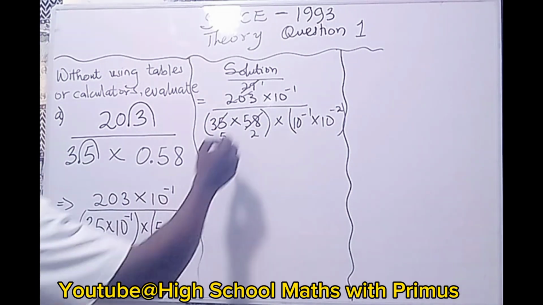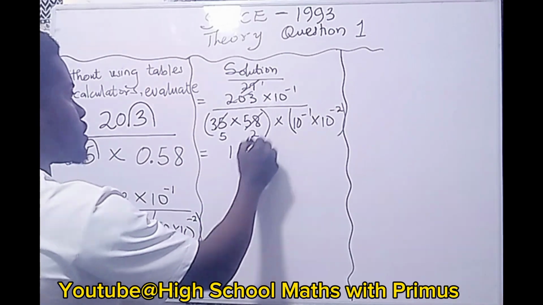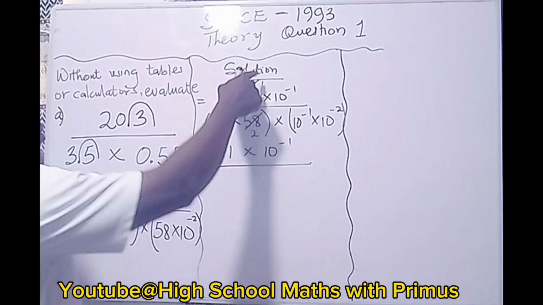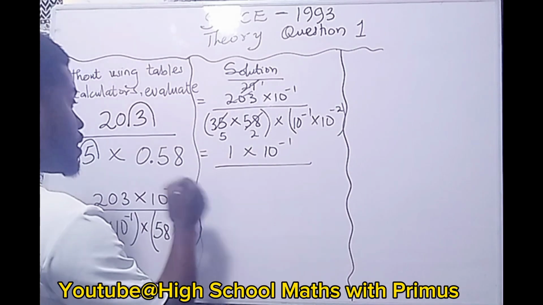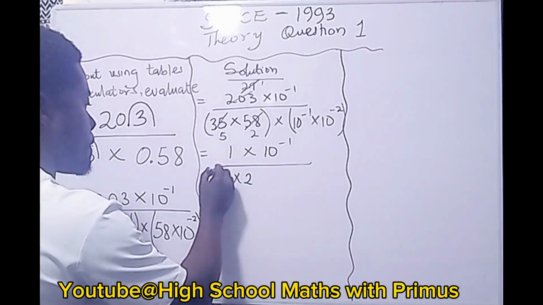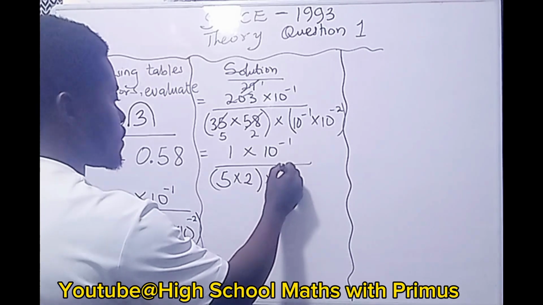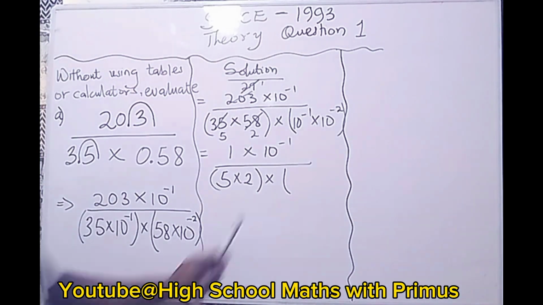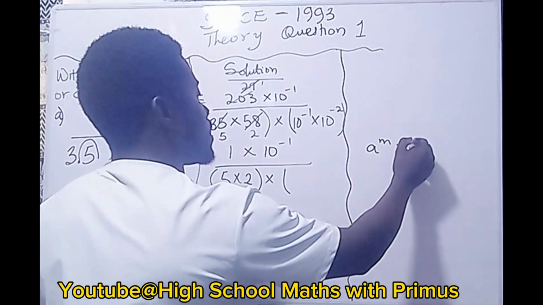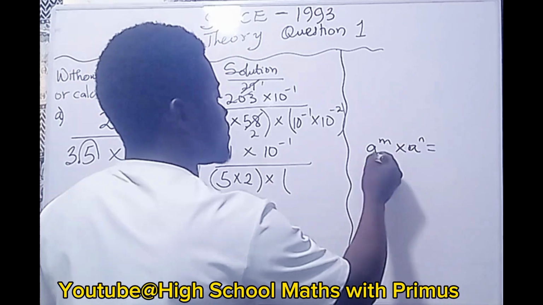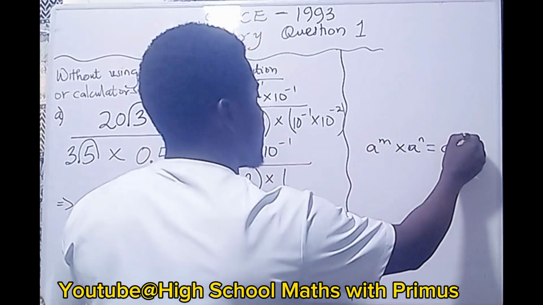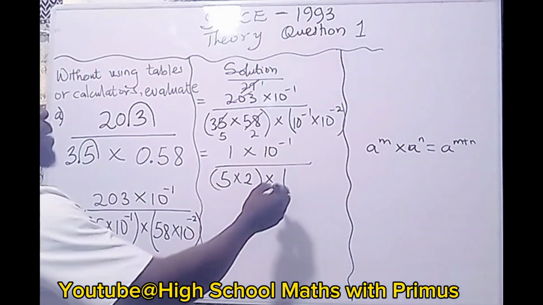So at the end of the day, we are having 1 times 10 to the power -1, because now this has been reduced to 1. And the denominator here is 5 times 2, times. Now, according to indices, when you have a to the power m multiplying another a to the power n, because they are of the same base, you pick one of the bases and add the exponents, m plus n. The same thing happens here.